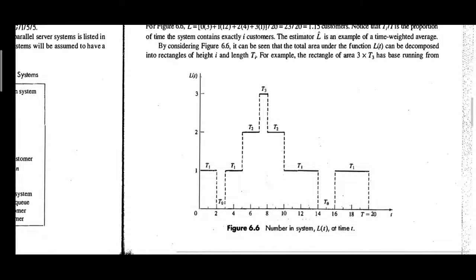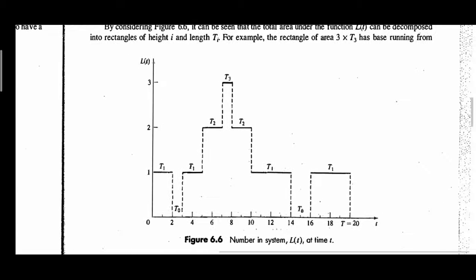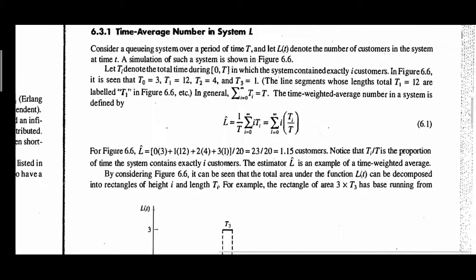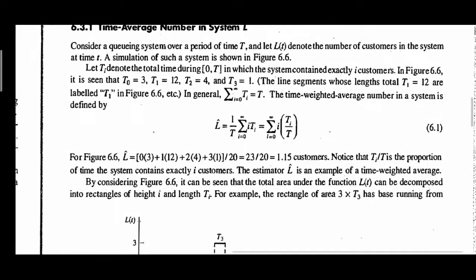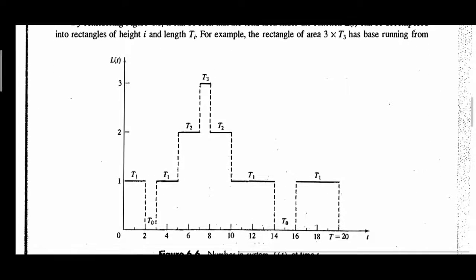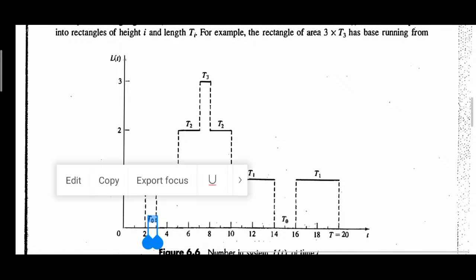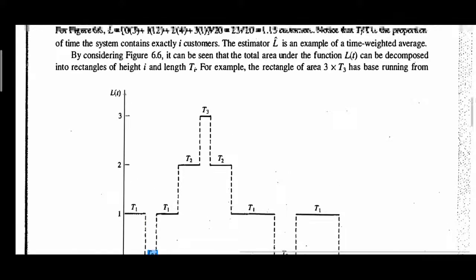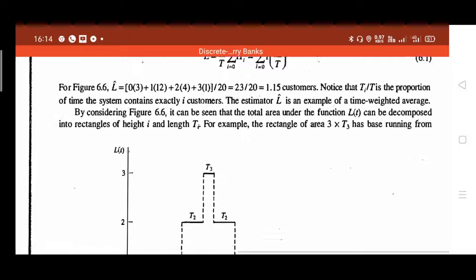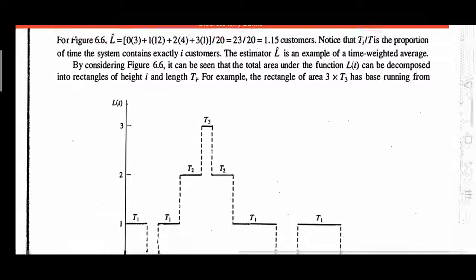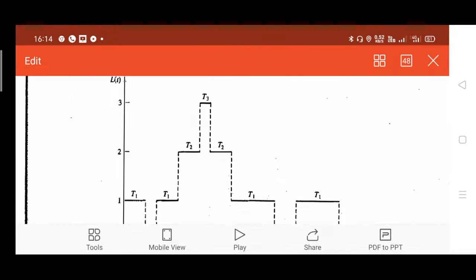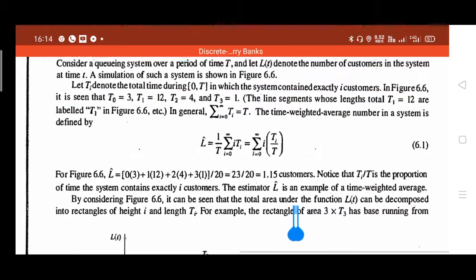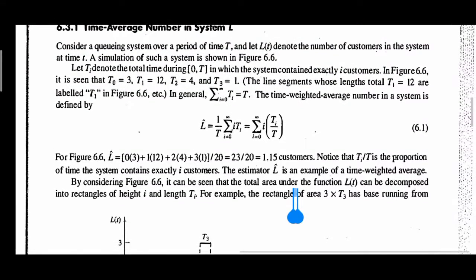Figure 6.6 they are referring to. As per the diagram or example, it is seen that T0 equals 3, T1 equals 12, T2 equals 4, T3 equals 1, and so on.